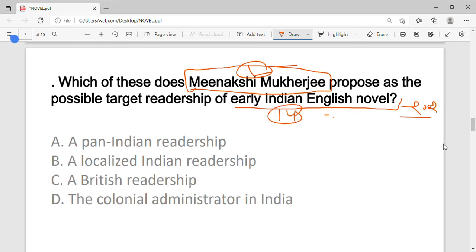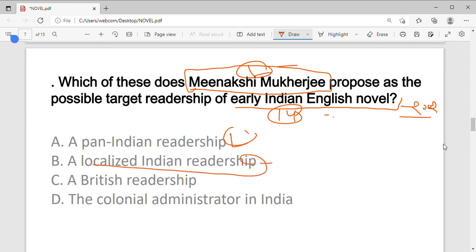and here the work of the early Indian English novels is being seen from a historian's and literary critic's point of view. They wanted to eradicate the assumption that most of the ideas of these novels come from the Western world, and that the readership was pan-Indian and localized Indian readership.